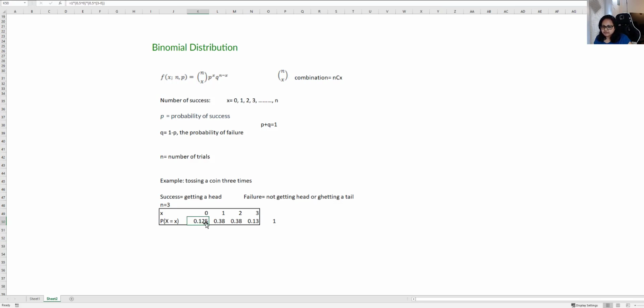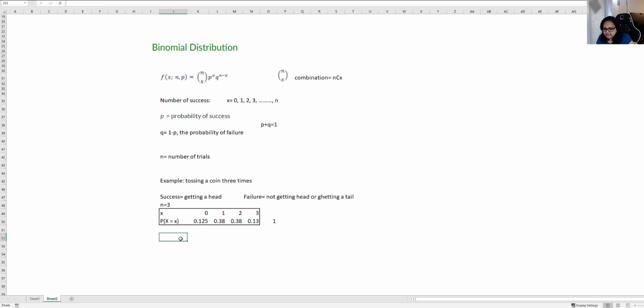So at first you have to think about n choose x, that means the number of trials is always 3, so 3 choose 0, where 0 is the x value, because this is getting heads, and we did not get any head in any of those 3 tosses. So we can say 3 choose 0, and then multiplied by each of those possibilities.